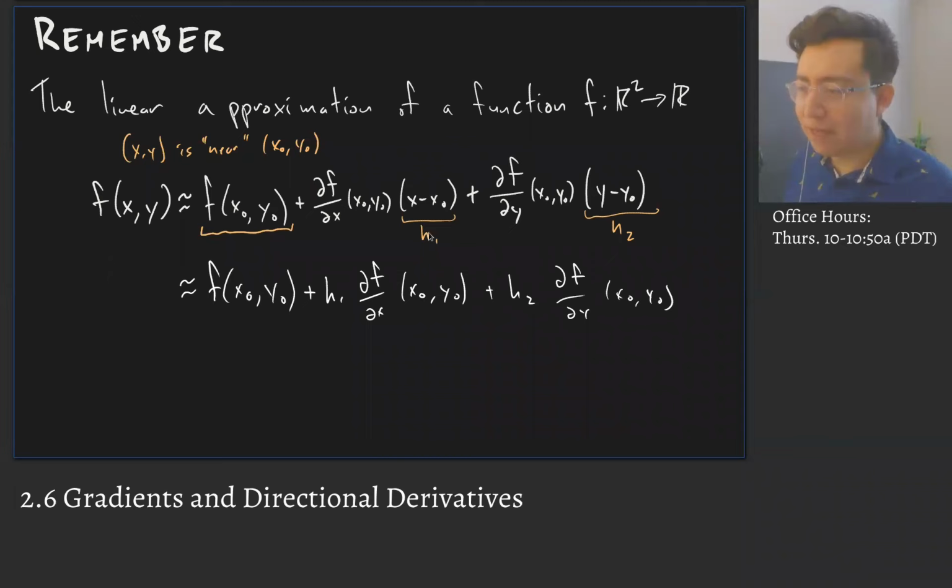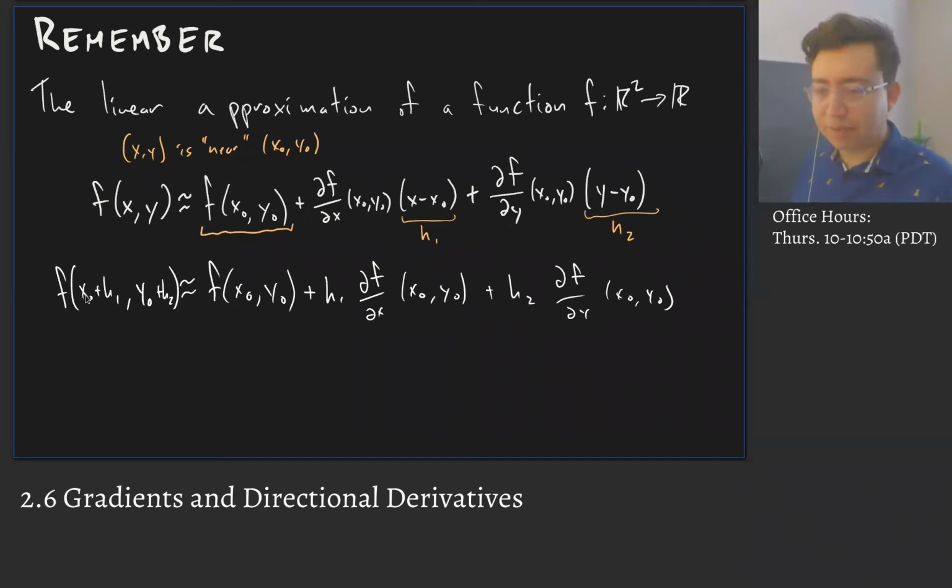If h1 is equal to x minus x naught, then you can verify this arithmetic: x is just equal to x naught plus h1, and y is equal to y naught plus h2. If you add them, the x naughts cancel and you just end up with x.